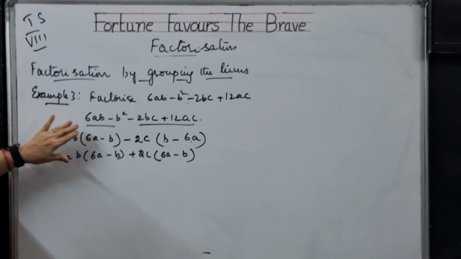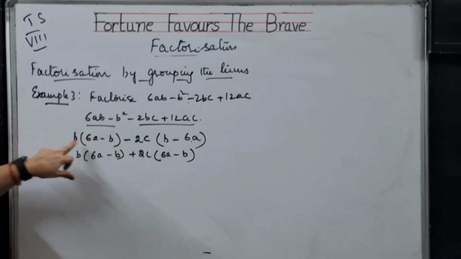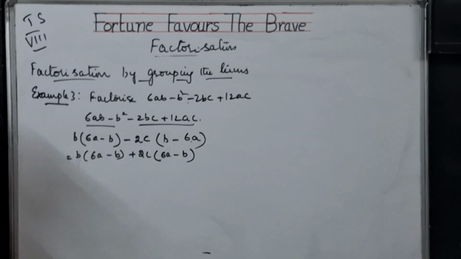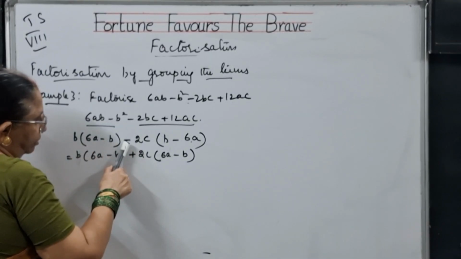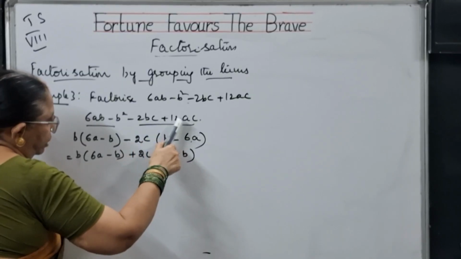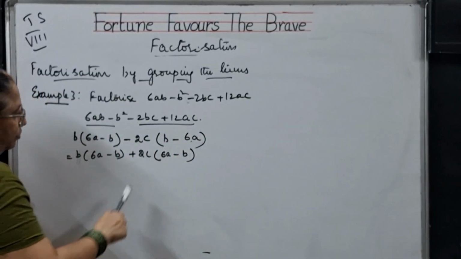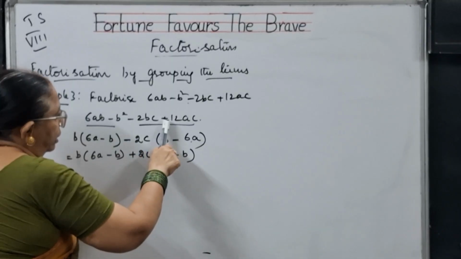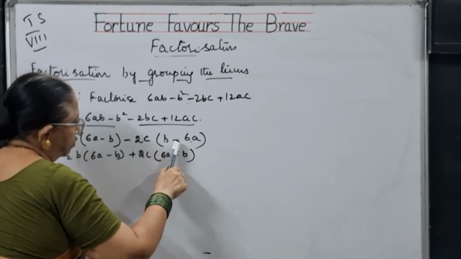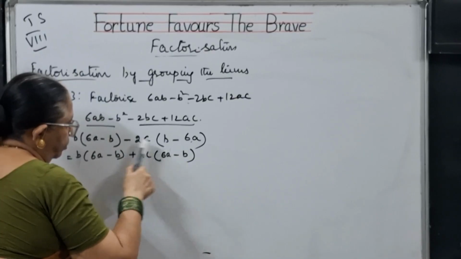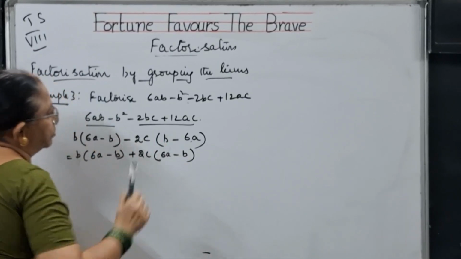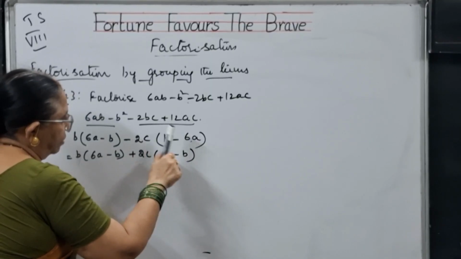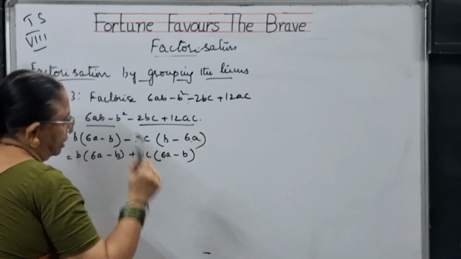So what did I do, children? In this, b is common. b into (6a minus b) I wrote, and I took minus here. In these two, 2c is common, I have taken, so b is left behind. And though there is a plus sign here, I should take minus here, because when I open the bracket, minus into minus becomes plus. So minus I have taken, 2 6s are 12, c is already there.